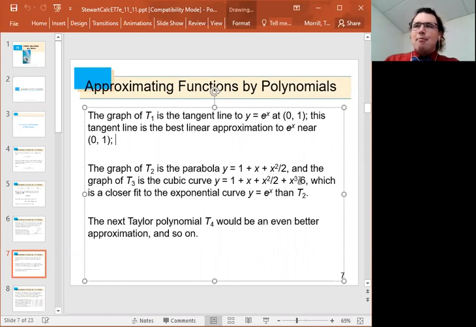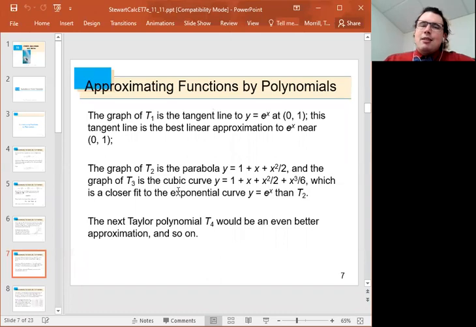This cubic matches the 0th, first, second, and third derivatives of the function e to the x at x equals 0. And for that reason, it does a better job of estimating the exponential function than the second degree Taylor polynomial does.